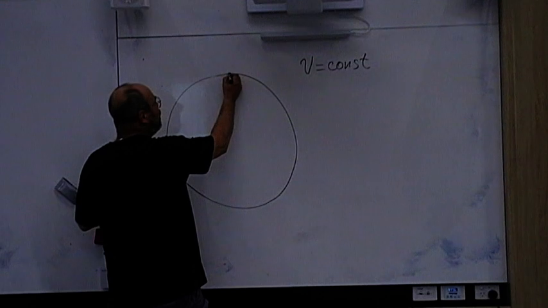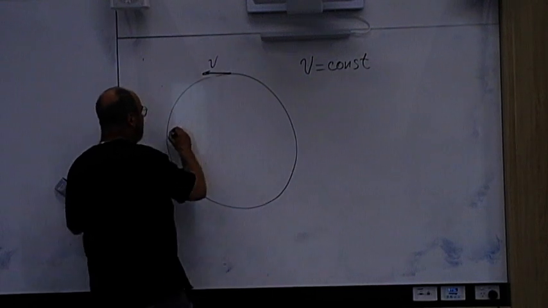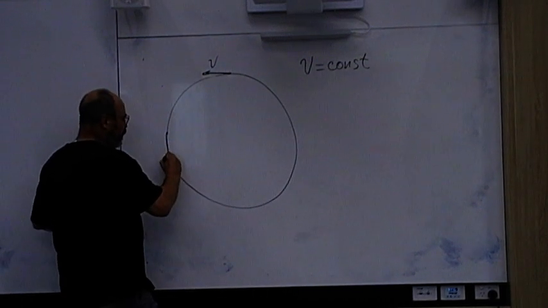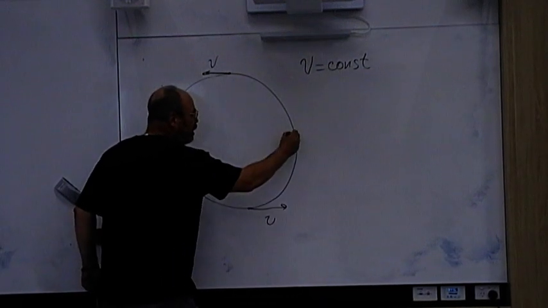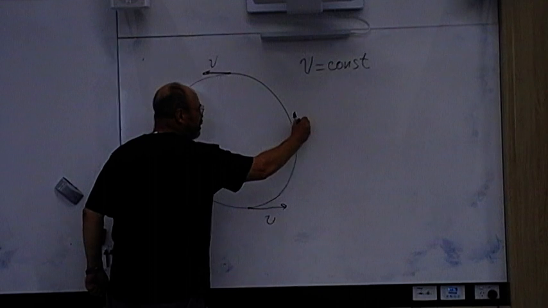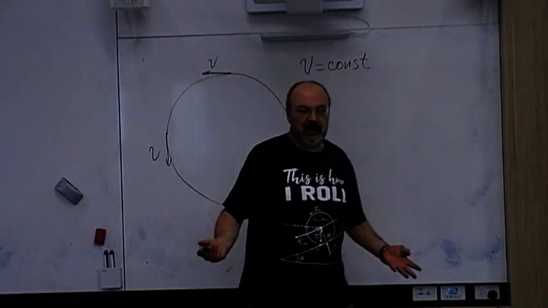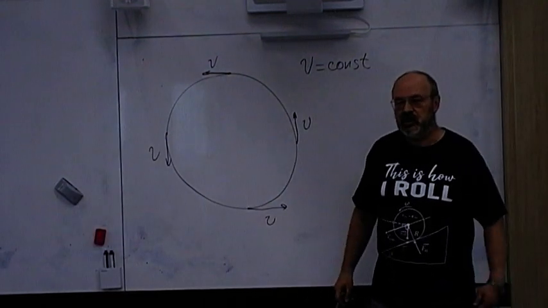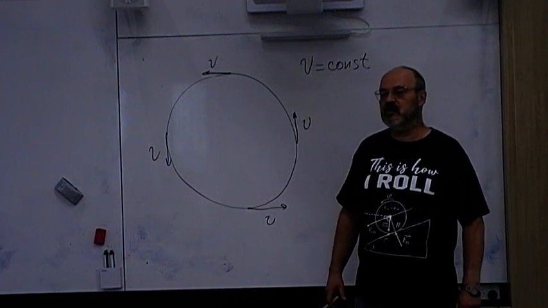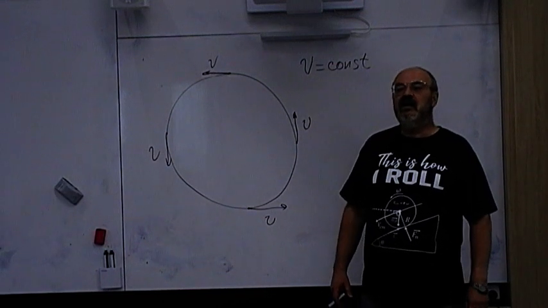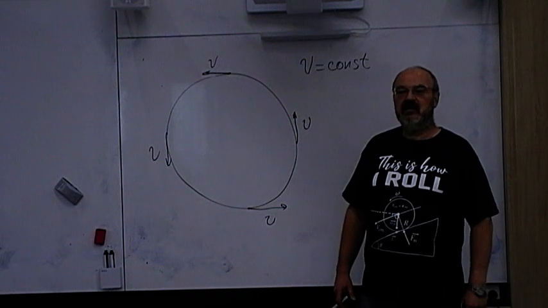Here, it's this way. Here, this way. Here, this way. Here, this way. It's all different velocities. If direction changes, velocity changes. So this is a motion with acceleration. As soon as velocity changes, it's a motion with acceleration.